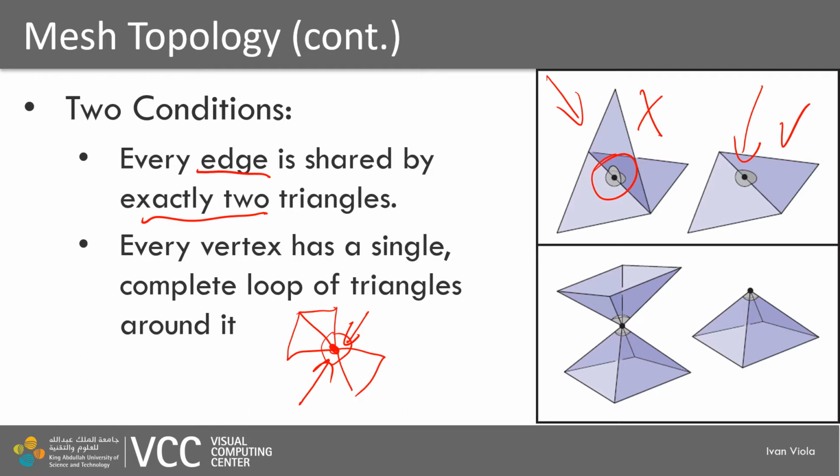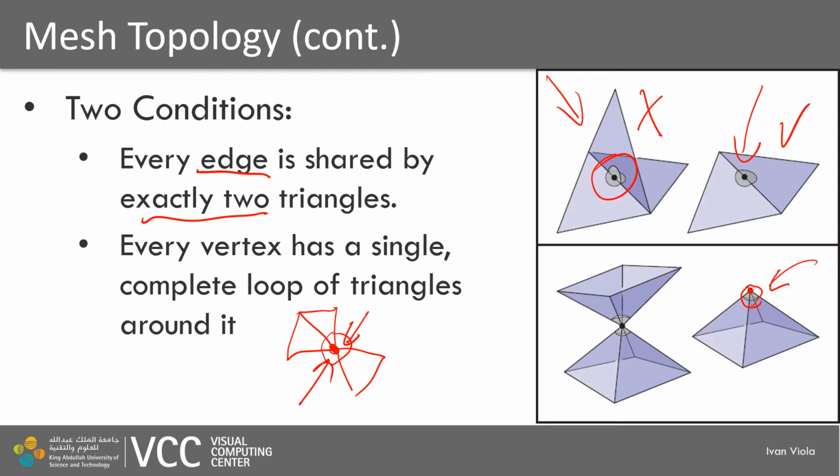For vertices, if we look at this pyramid on the right here, we can see that this apex is participating in various triangles which are forming this pyramid, but around it we can always make a complete loop of triangles.